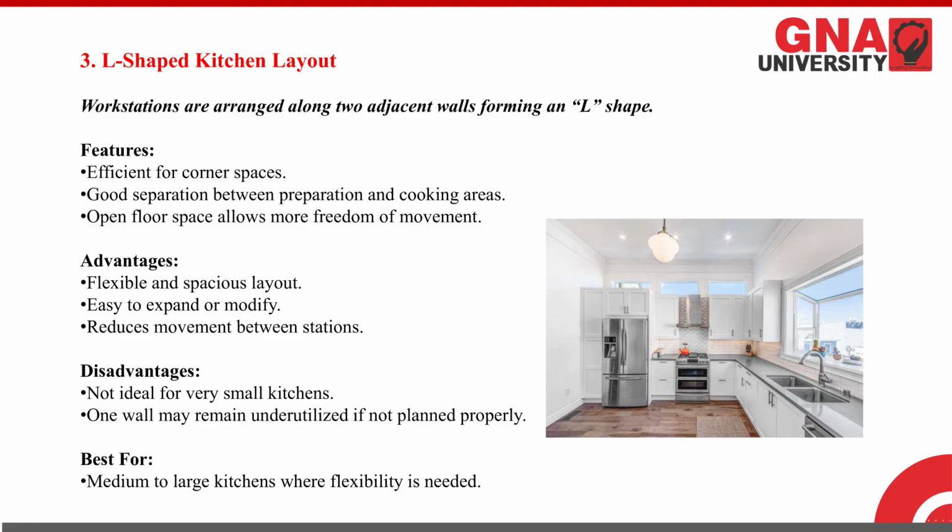This setup is flexible and spacious, and it is easy to expand and modify. Apart from that, it reduces the movement between the stations. Disadvantages. This setup is not ideal for very small kitchens. One wall may remain underutilized if not planned properly. And this type of setup is best for medium to large kitchens where flexibility is needed.